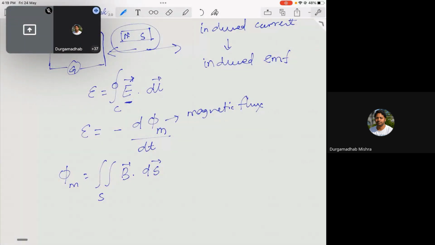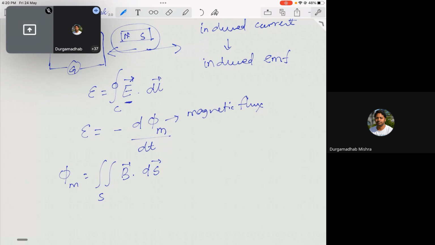This is the surface integral of your magnetic field. When we talk of any flux, it means whatever vector field is passing through a given surface, irrespective of whether it is water velocity, the electric field, the magnetic field, or any vector quantity.